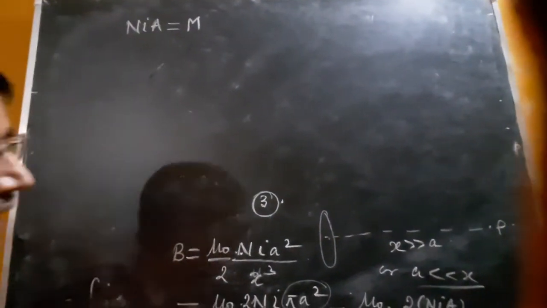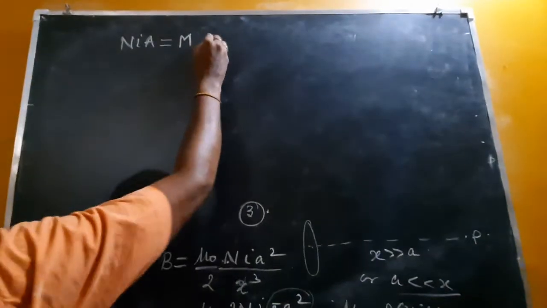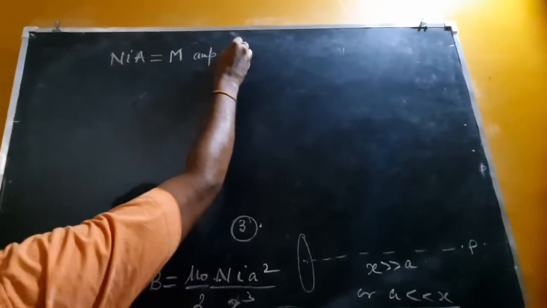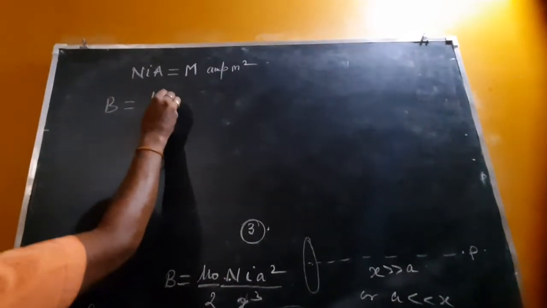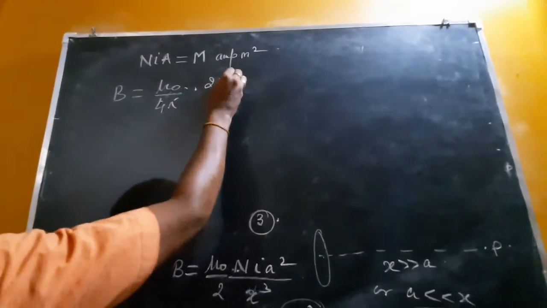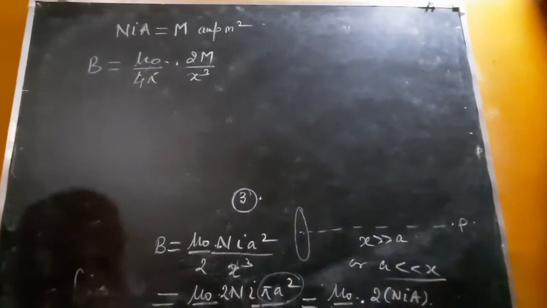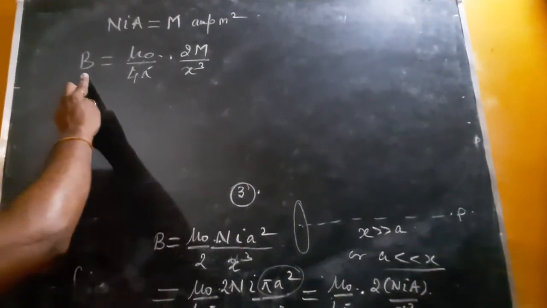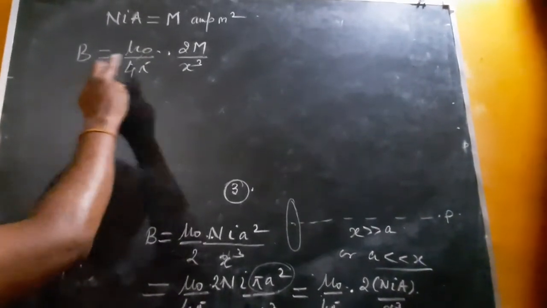So if N I A is the magnetic dipole moment, then its unit will be ampere meter square. Then this can be written as B is equal to mu naught upon 4 pi 2m upon x cube.